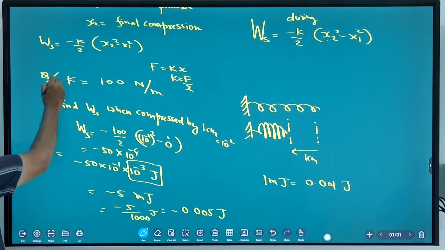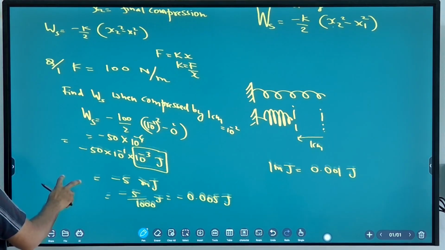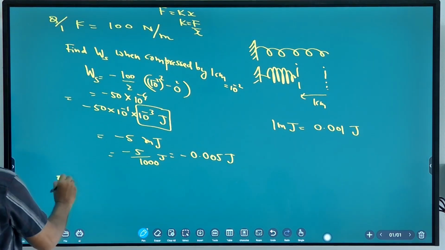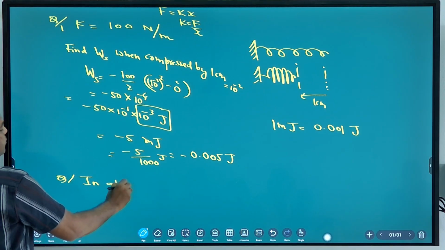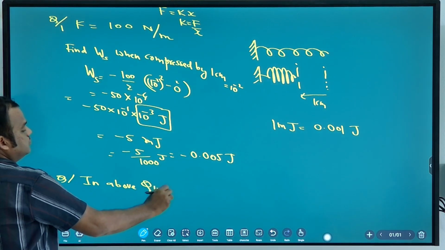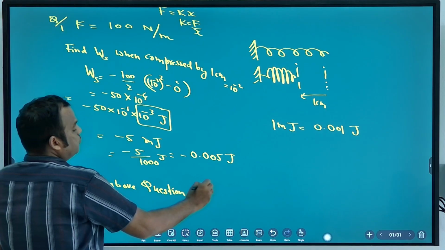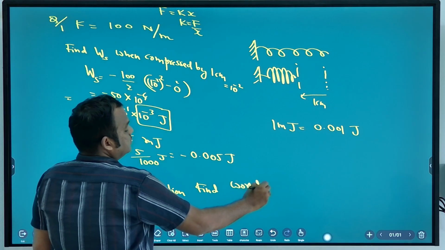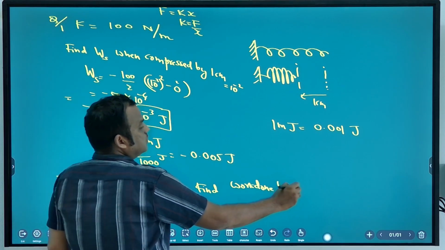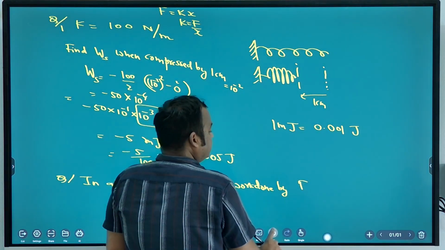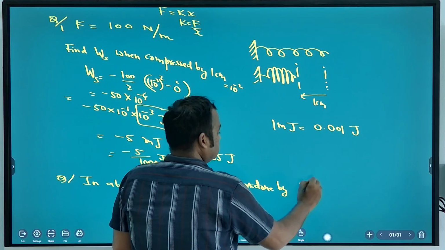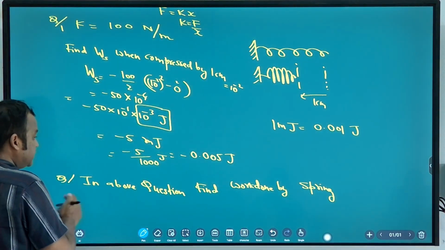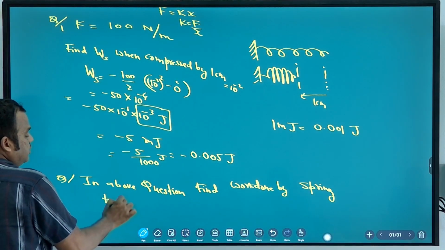Now, next question. This is first question. Next question you solve. In above question, find work done by spring to compress it further by 1 centimeter.